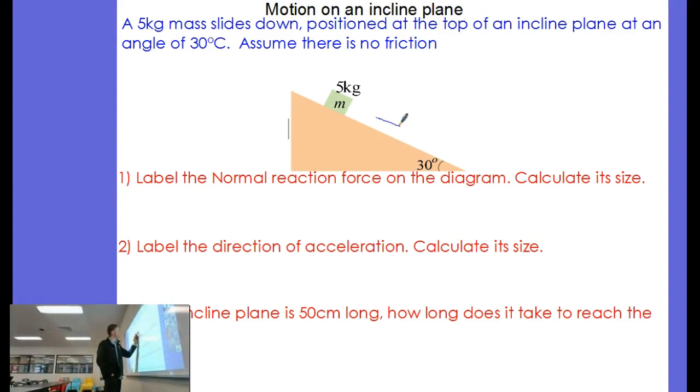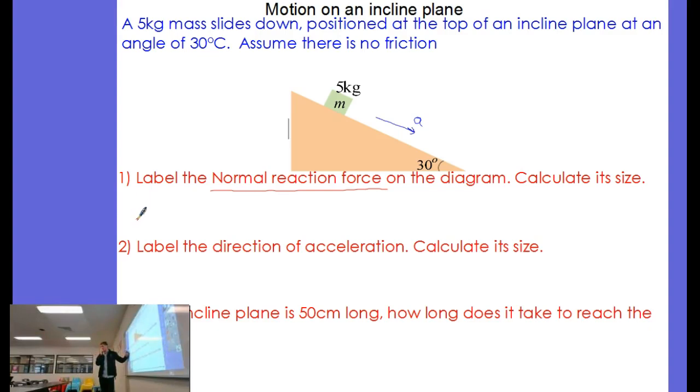So it's going to slide down this way, and that means its acceleration is in this downwards direction. So if the actual direction of motion is going downwards this way, how can we describe the direction of the normal reaction force? Perpendicular.